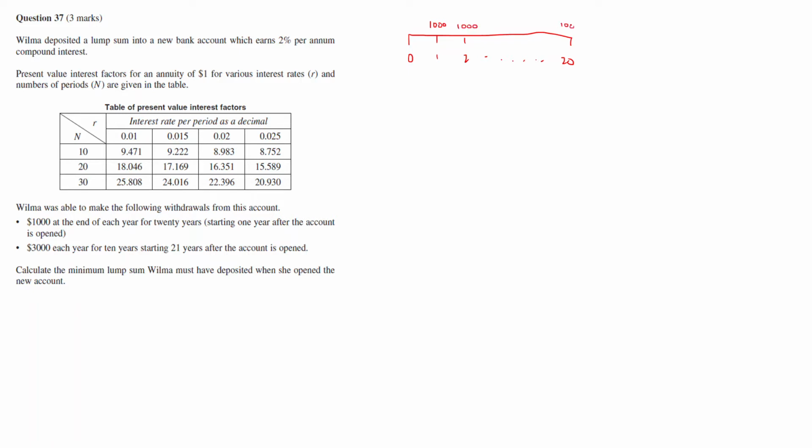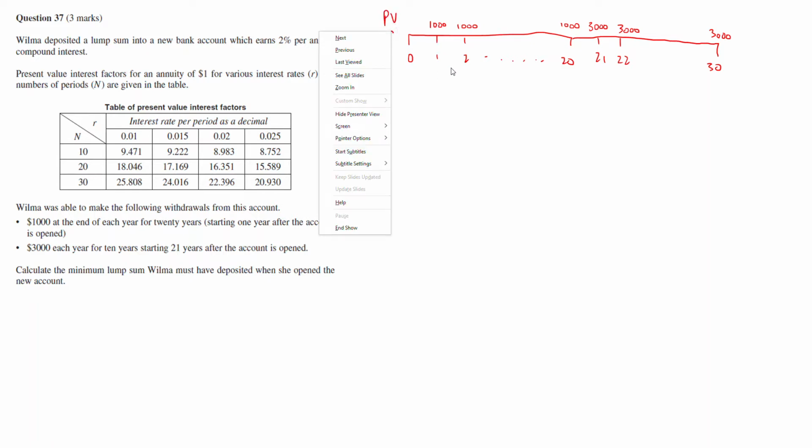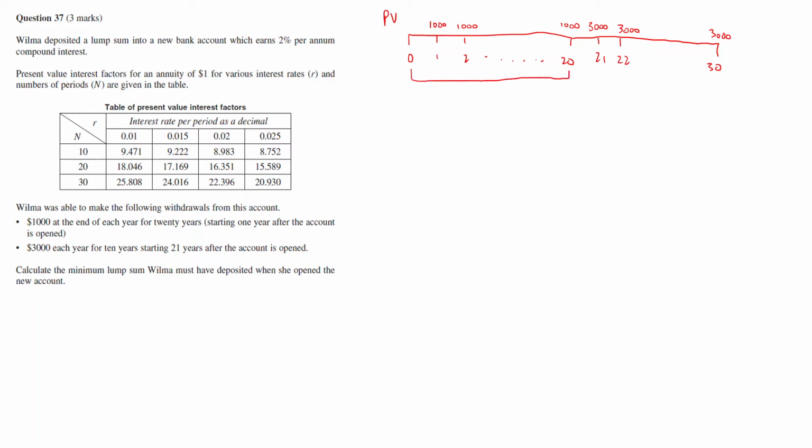And then for the next 10 years, there is $3,000, all the way up to year 30. So this part is easy. What we need to calculate is the present value here. Now, present value for this part is straightforward.